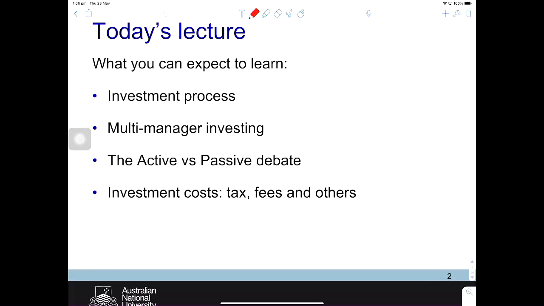It's related to asset allocation as well, but the requirement on this section, the investment process, is very general for your interest only. We're going to focus our discussion on the multi-manager investing and the active versus passive debate.